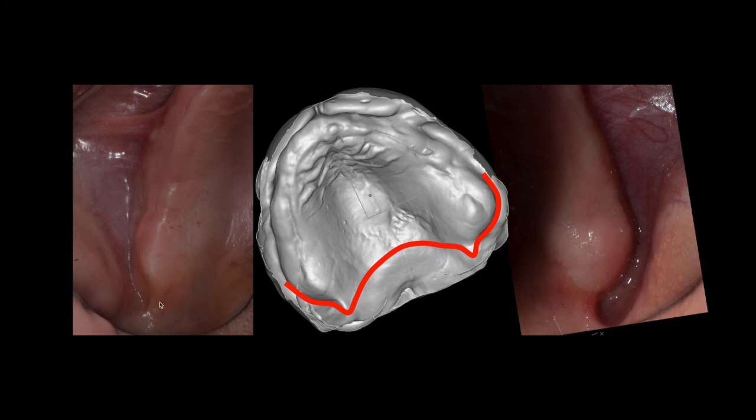The hamular notches are quite different and vary among patients. This one is a shallow hamular notch, and these are very deep hamular notch areas. It's very important to completely close this anatomical structure to have optimum retention of the maxilla.